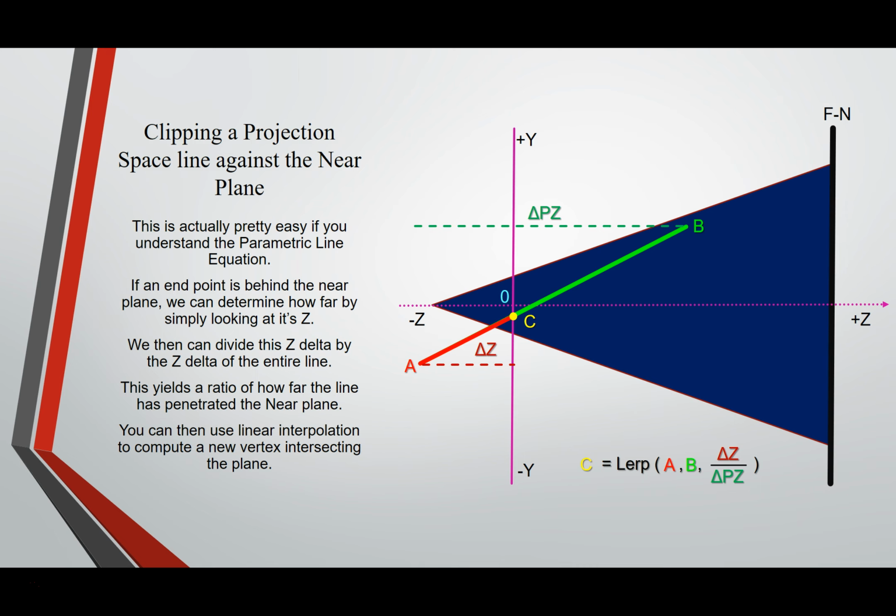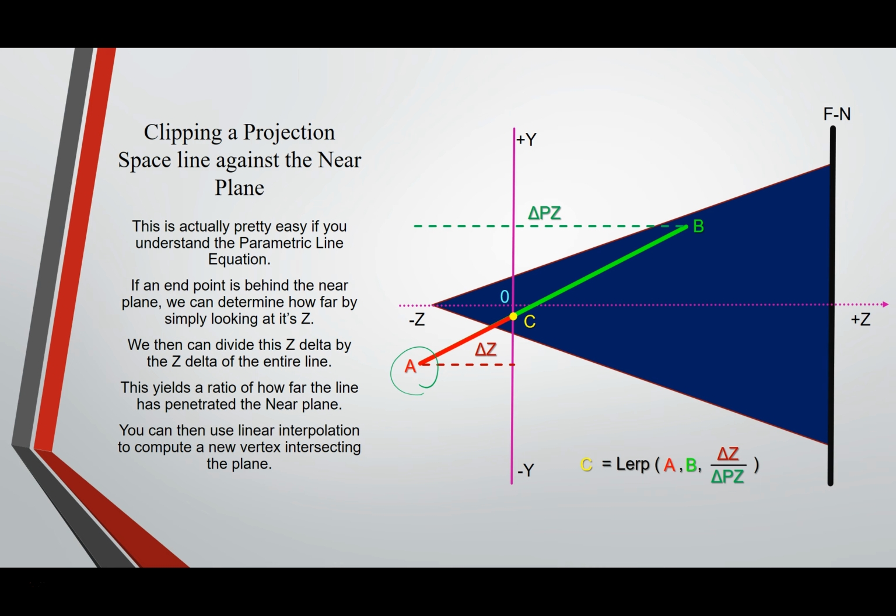So all we have to do is, if we know that one vertex of the line is crossing the Z boundary, if its Z is negative, like in this case that would be A here, well then if we just take the absolute value of A or flip the sign of A, say it's negative 3, say it's positive 3, well it's 3 units too far into the screen. It's coming 3 units too close.